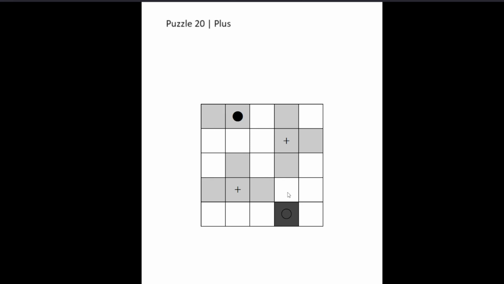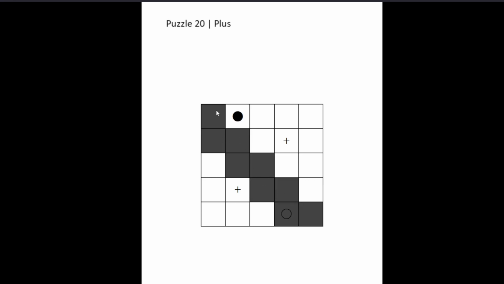Let's say the solution is like this. What would be a very simple solution? Let's say this, or even here. If it's just a squiggly line like that and everything else is black, if that is a valid solution for some reason, then this should also be a valid solution, I would think.